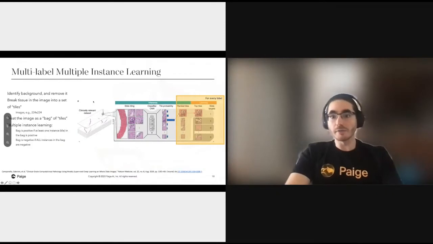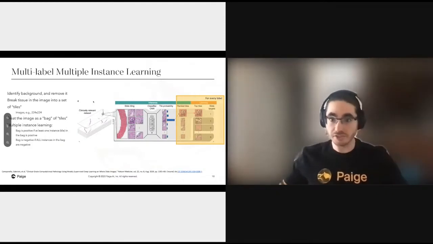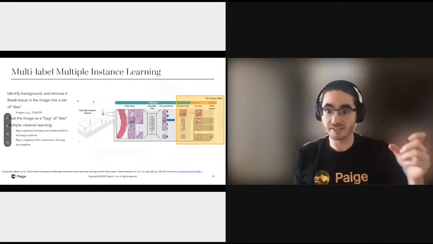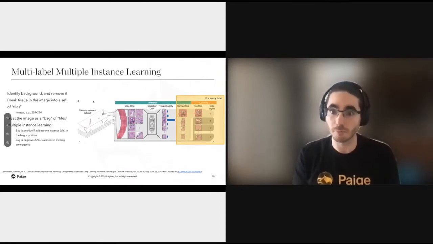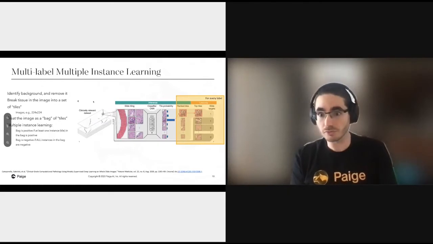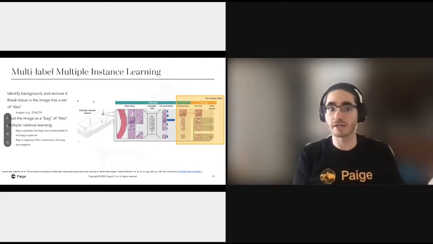One problem I mentioned is that our model takes in a tile, which is a really small part, a 224 by 224 part of that slide. But our ground truth labels, as we have seen, are not at that level. They are at a much higher level.